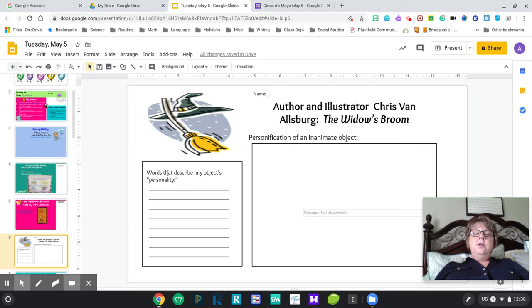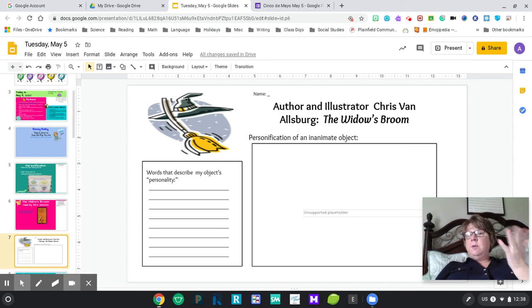And then you are going to pick something that you would like to give human qualities to. Now, boys and girls, it can be a pencil. It could be a TV. It could be your favorite stuffed animal.